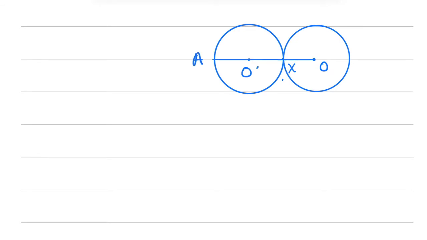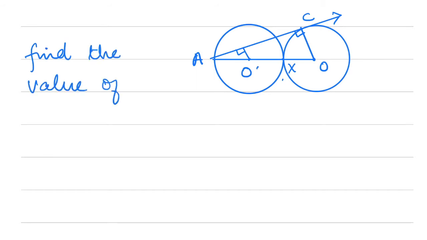So this point is A, and AC is tangent to the circle with center O. This point is C, and we are given O dash D is perpendicular to AC. OC will be perpendicular to AC, and we have to find the value of DO dash by CO.